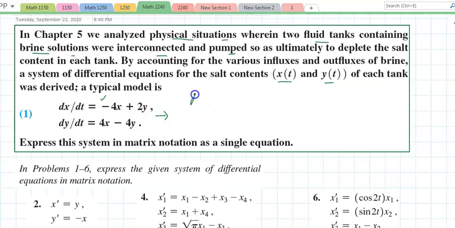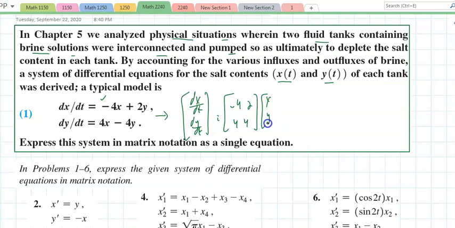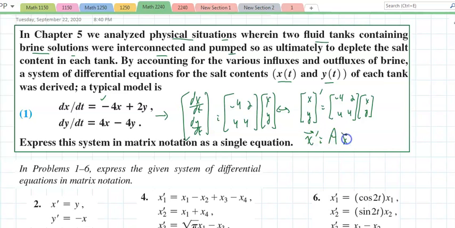That looks like dx/dt, dy/dt equals negative 4, 2, 4, 4 times x, y, or I could simply say that is x prime, y prime equals negative 4, 2, 4, 4 multiplied by x, y, or simply I could say x prime equals matrix A times x.